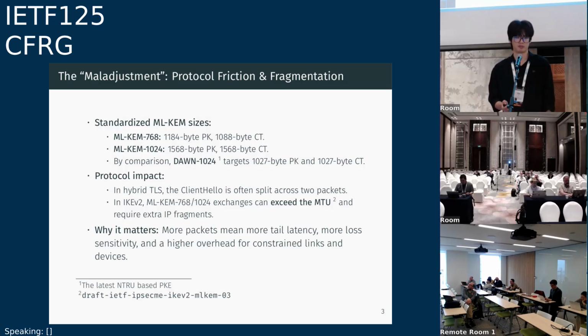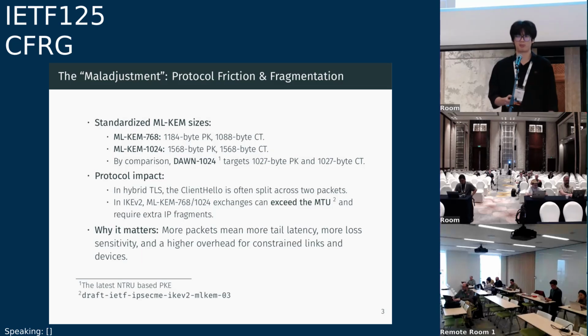And for ML-KEM 1024, they even exceed 1.5 thousand. By comparison, we show that the latest NTRU-based PKE only provides about 1,000 bytes of public key and ciphertext, which is about 30% smaller than ML-KEM.